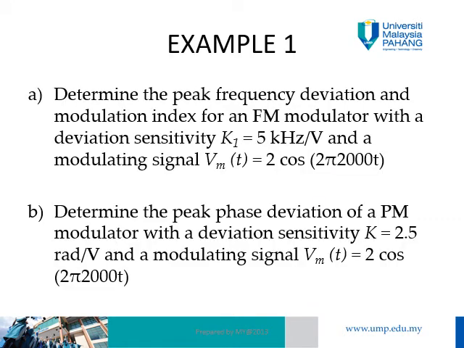Okay, let's see one example. Determine the peak frequency deviation, delta f, and modulation index mf for an FM modulator with a deviation sensitivity k and modulating signal Vm equal to 2 cos 2 pi 2000t. How do we solve this?